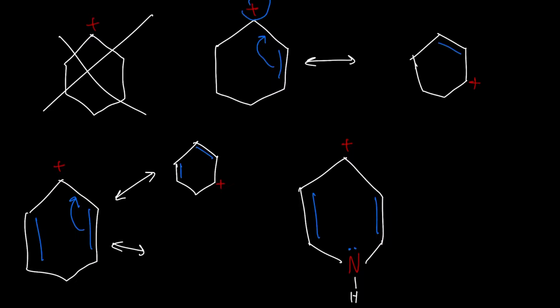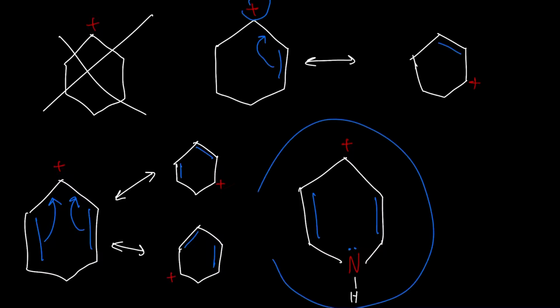It can have another resonance structure because it has 2 double bonds, where these electrons move toward the positive charge, and the positive charge moves counterclockwise 2 carbons, and then the other pi bond stays the same.